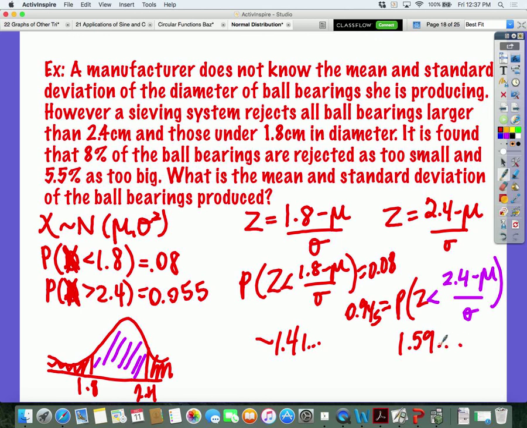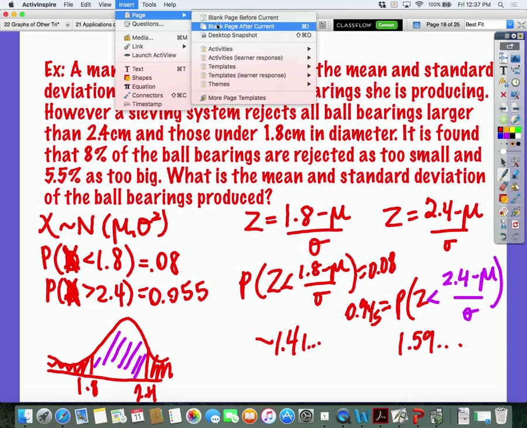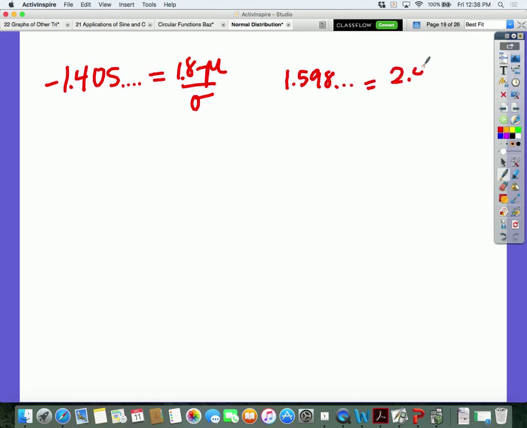Since those are respective z's, we're going to set them equal to the expressions that we have, because those are the values of z. So basically we have a negative 1.405 on one side and also 1.598 on the other.